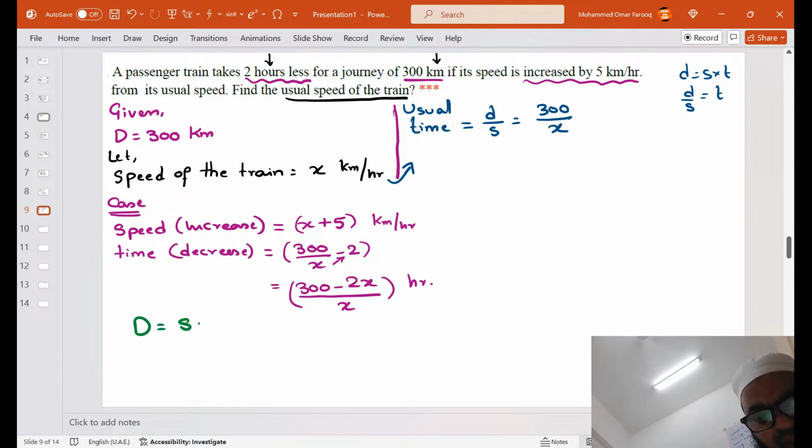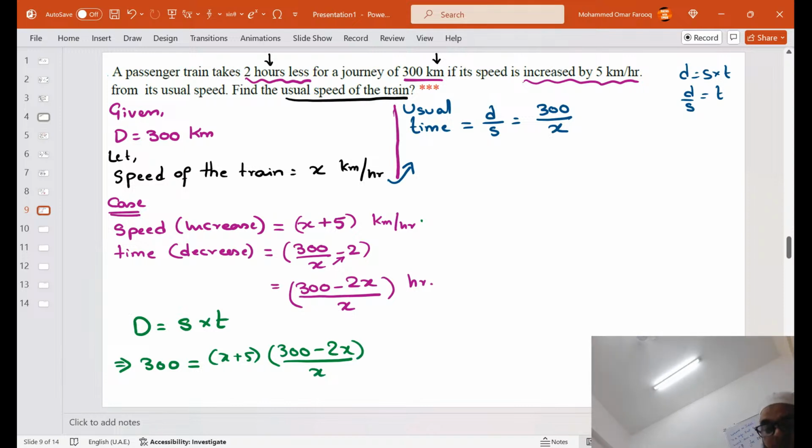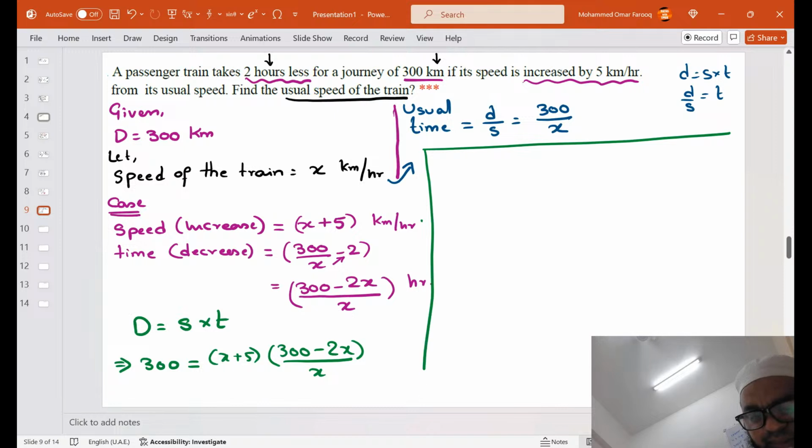Now we know that distance is equal to speed into time. So what is distance? Distance is 300. And what is speed? This is the new speed. We have to take new speed, x plus 5. Okay. And what is the time? Time is 300 minus 2x divided by x. Okay. So now let us solve this.